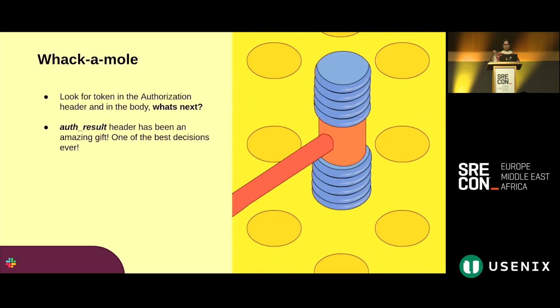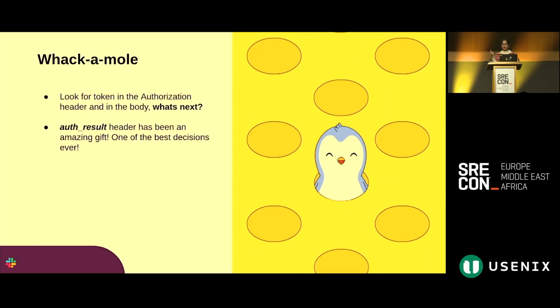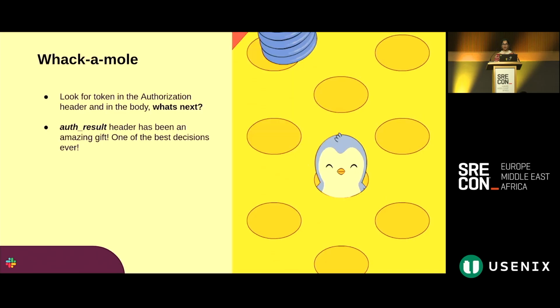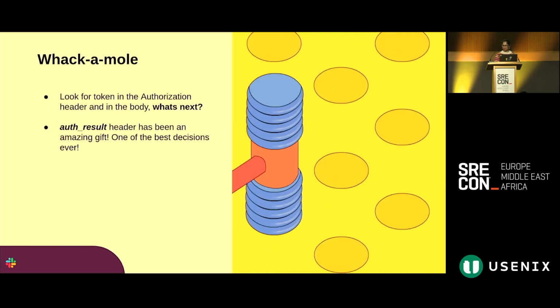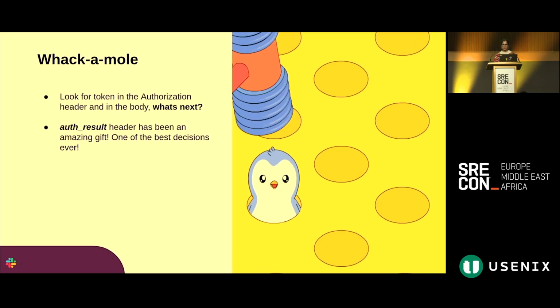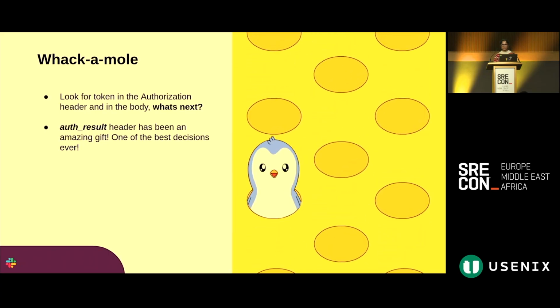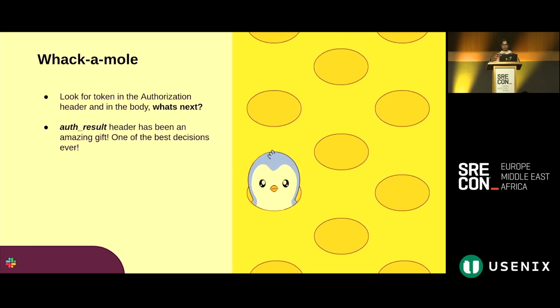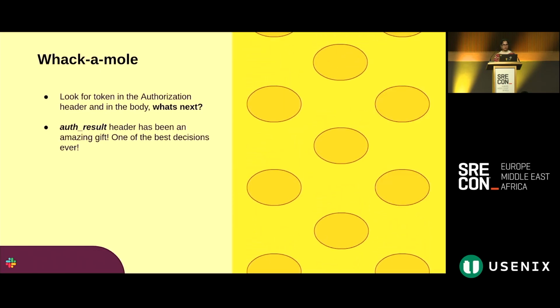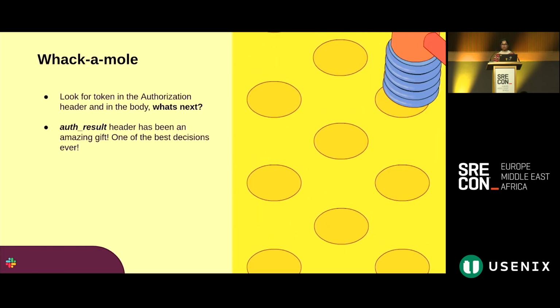If you remember a few slides before, I mentioned that we send a header called requests auth result back. And this is the header that we use so much. Like one of the best decisions that we made, it made our journey so much easier, just thinking a little bit forward.